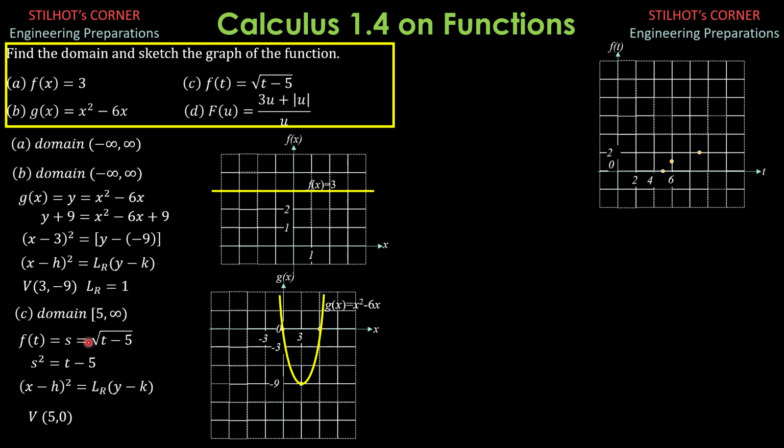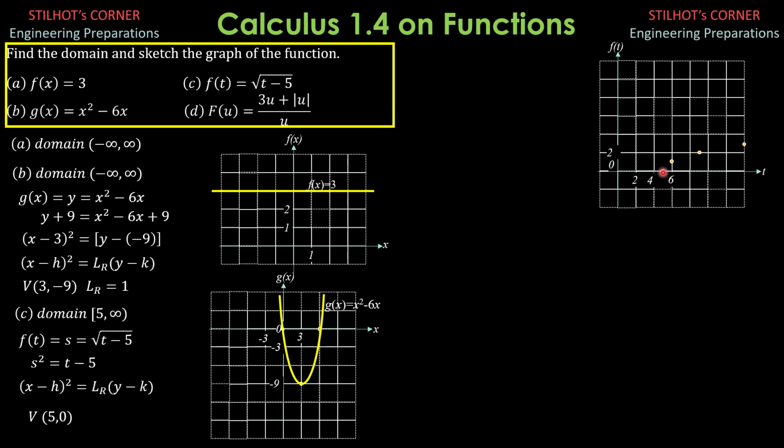Then the next one is t is 14, so the square root of 14 minus 5 is the square root of 9, which is 3. So it should be here because 8, 10, 12, 14, 14 is here. So that's it.